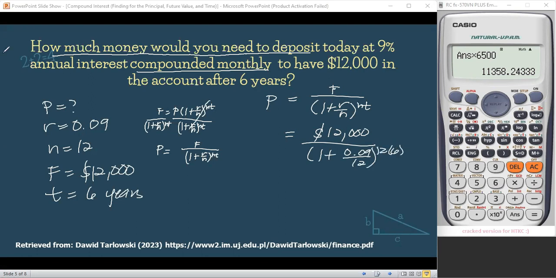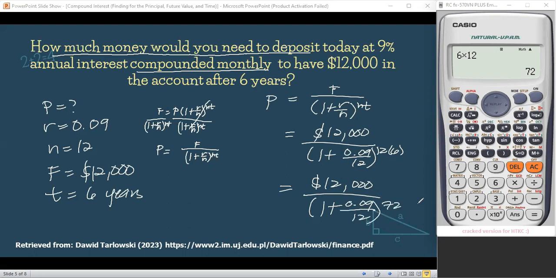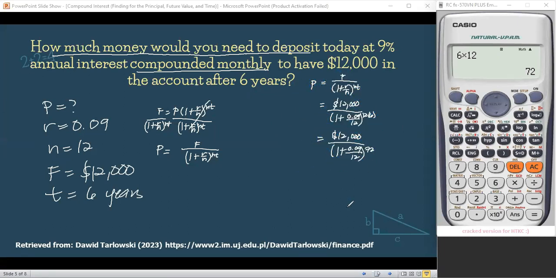So 6 times 12 po tayo. 6 times 12, that is 72. So we have $12,000 all over 1 plus 0.09 divided by 12 raised to 72.